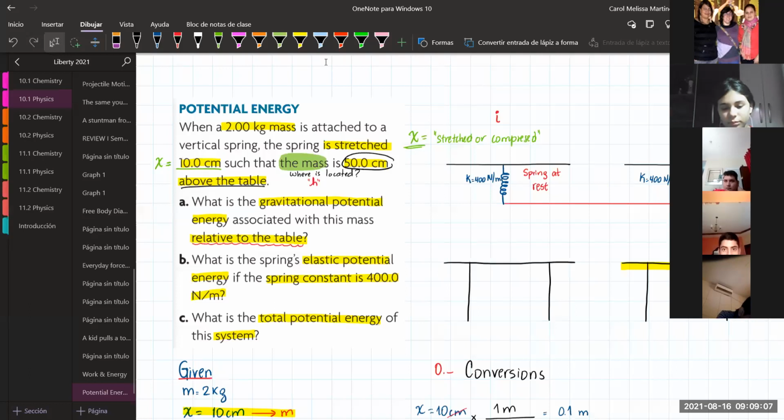So today I will send you exercises similar to this one so you can apply the formulas. And on Wednesday that we have the quiz, there are 4 topics coming: work, kinetic energy, gravitational potential energy, and elastic potential energy.